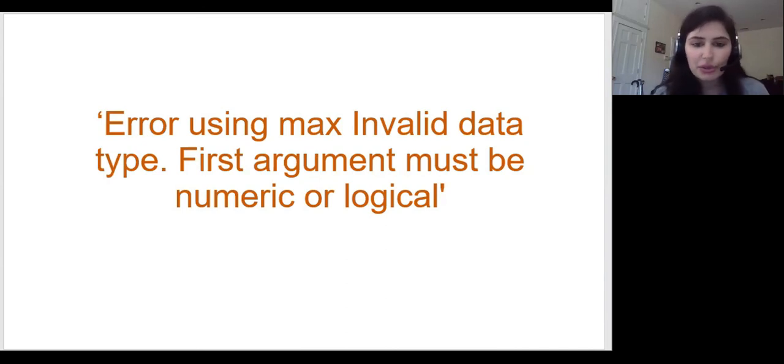So for example, if we want to calculate the max value of a vector that contains only words like chair, desk, armchair, lamp, you cannot really calculate a numeric max of these unless you calculate the number of single letters, but that's another story. And so we might receive an error like this one. So you can't use a string, and you need a numerical or logical value here.